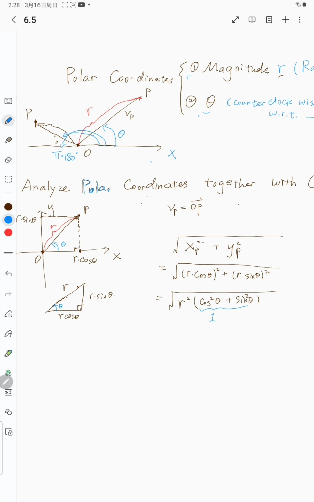And then this just becomes the square root of R squared, which is equal to R. All right, so this is nice. It's a relation between Cartesian coordinates and polar coordinates, right?